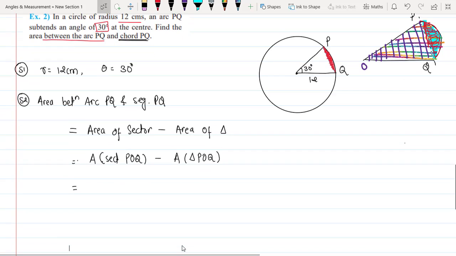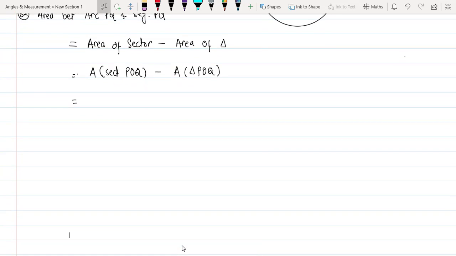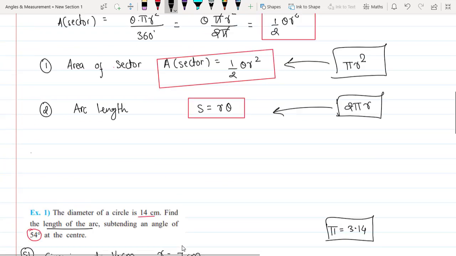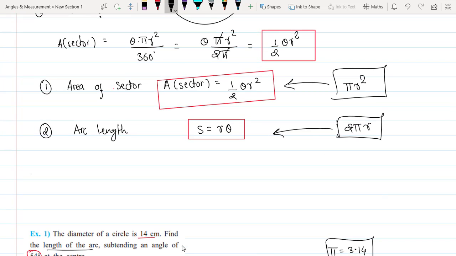Now can you give me the area of sector POQ? ह्या POQ चा एरिया किती आहे? It's 1/2 theta r square. Just now we have proved that 1/2 theta r square.